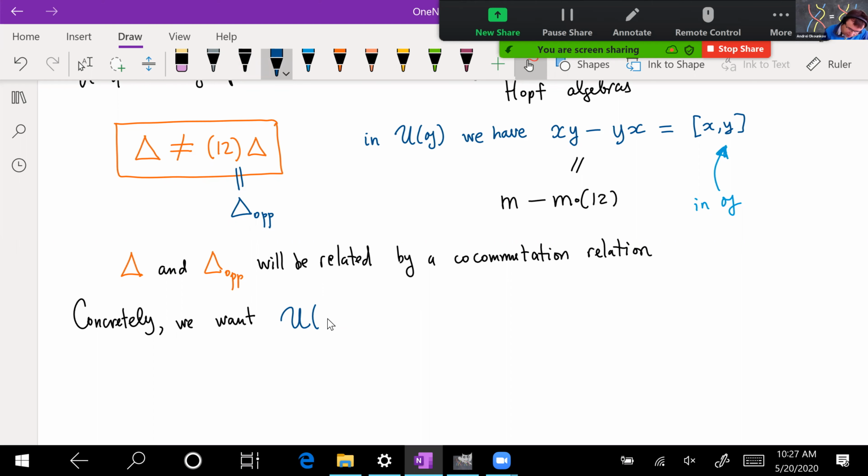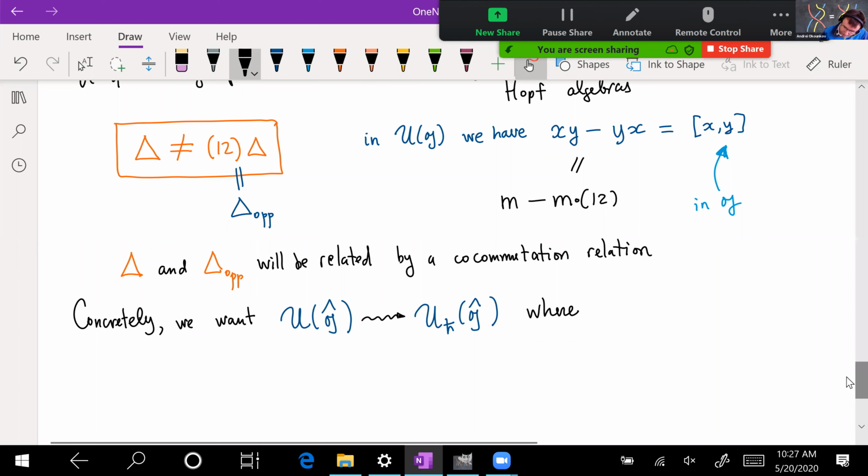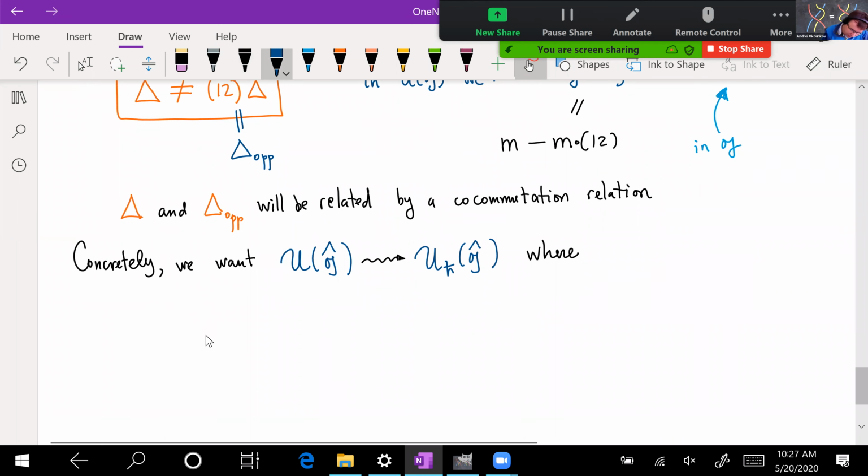So we had the universal enveloping algebra of some Lie algebra g hat, which I'll explain, and this would want to be deformed to some quantum version, where g hat would be a loop algebra.